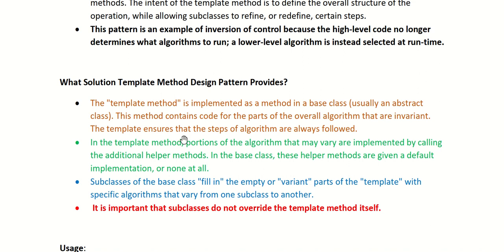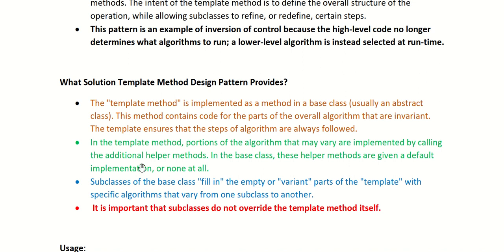So this kind of step is called a variant step, because the step changes based on the type of report I want, whereas the invariant steps are the ones which are not going to change. For example, making a connection to the database, getting the data, processing the data, constructing the body, creating the information, and then generating the report. So these steps are invariant, which are not going to change for any reason.